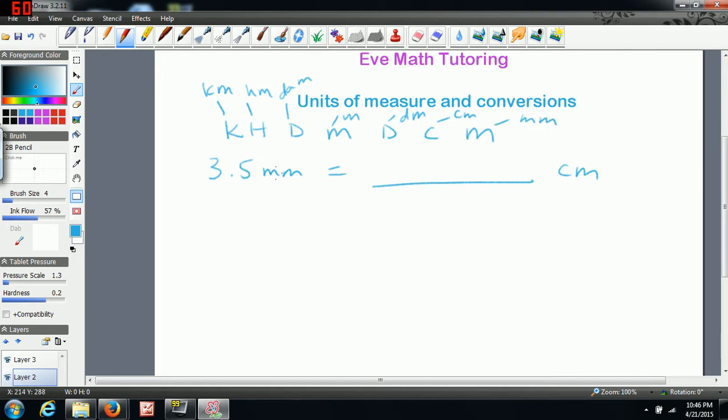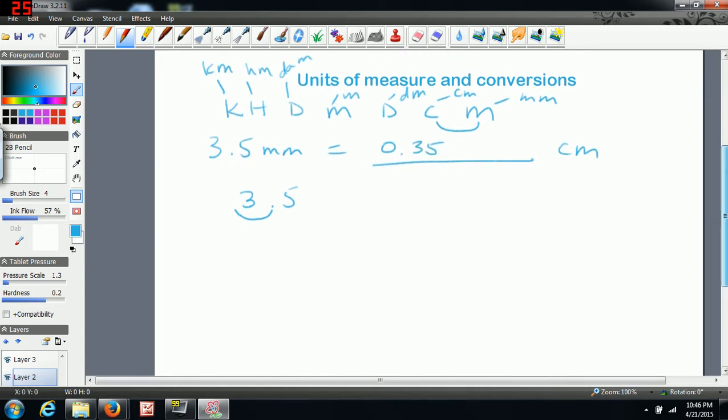If you're going from millimeters to centimeters, you're just going to go over 1 unit. So you do the same thing to your number. You take the decimal and move it this time to the left. So then it would become 0.35 centimeters. Okay.